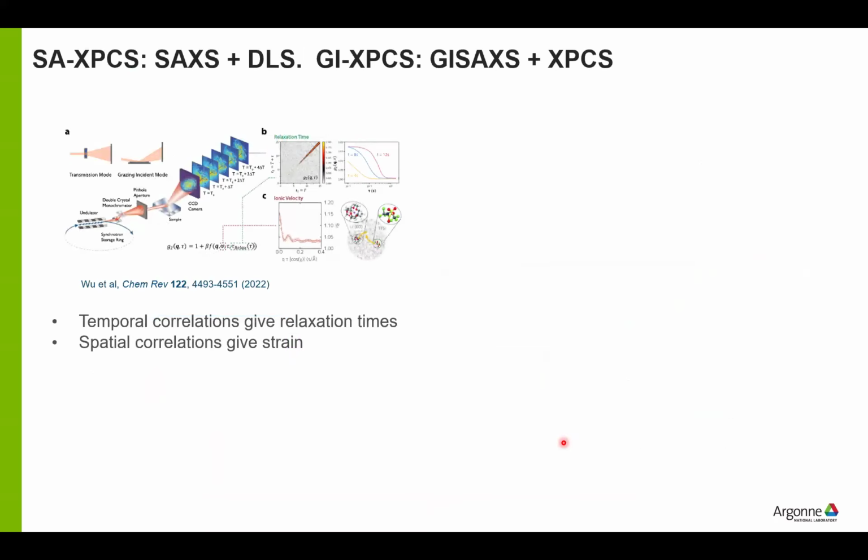Yeah, and then just a reminder about XPCS. This is combining basically small angle scattering plus dynamic light scattering, and then in transmission mode. But we can also work in a reflection mode, grazing incidence mode, in which case it's like combining GIXS and XPCS.